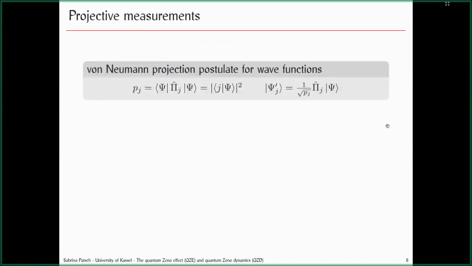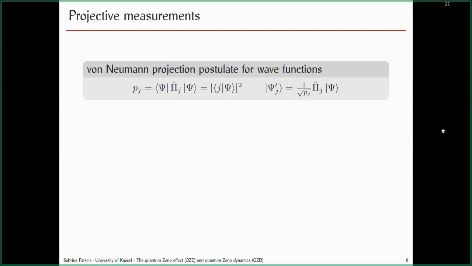So we can sum that up and write down the projection postulate by von Neumann, and this is now for wave functions. The probability to measure any arbitrary state, so now it's a j, not a 0 anymore, is given by the expectation value of the projector, or the projection of the state onto the state we want to measure. Then the post-measurement state is given by exactly this projection, normalized by the probabilities.